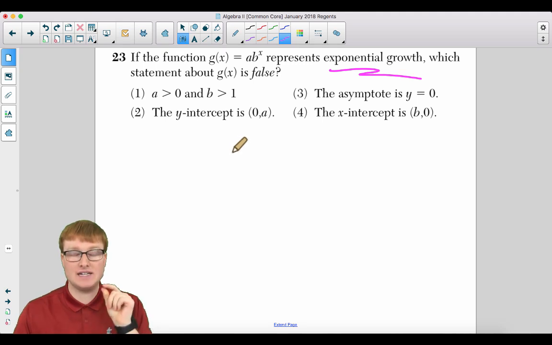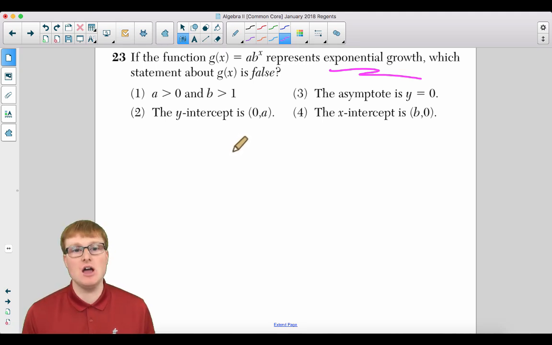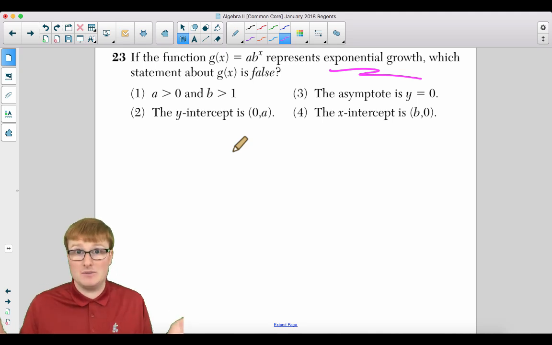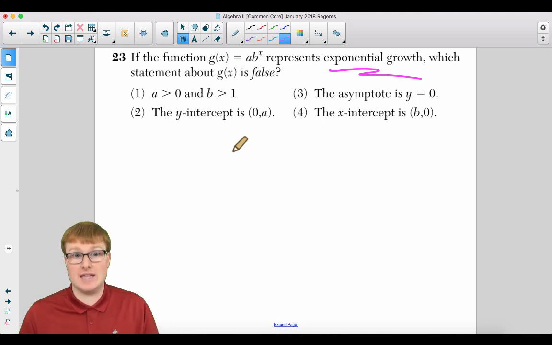You can't just say both a and b need to be positive. a must be greater than 0, and b has to be greater than 1, because if b is a fraction between 0 and 1, non-inclusive, for example 1/2, that's exponential decay.